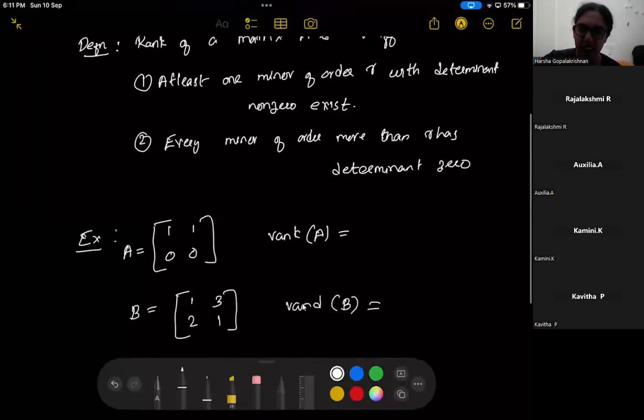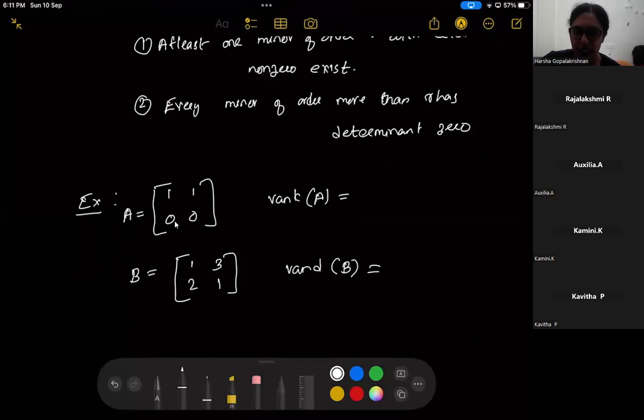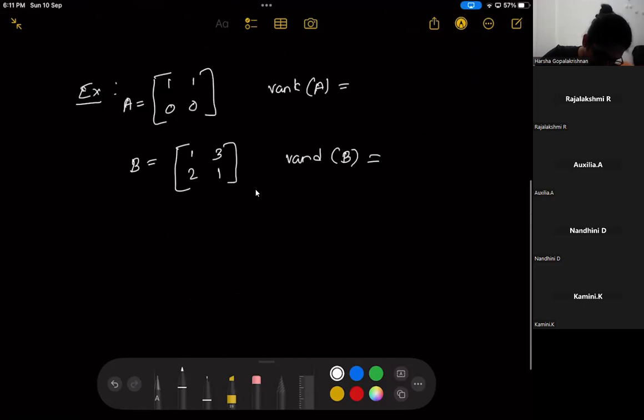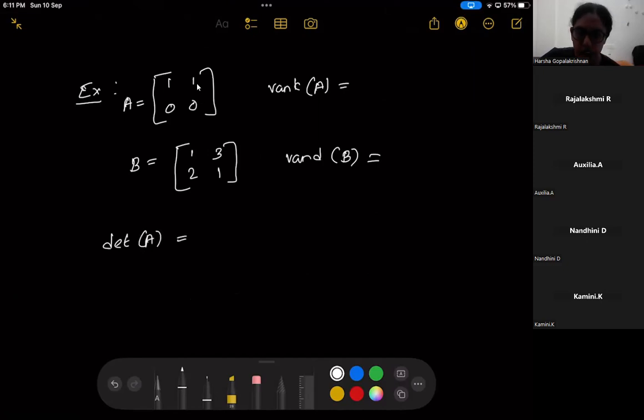Here, the matrix A is given as 1, 1, 0, 0. So the rank is the size of the largest square submatrix which has determinant non-zero. So what is the determinant of A here? Here the determinant of A is 1 into 0 minus 1 into 0, that is 0. Okay. So here the rank cannot be 2.